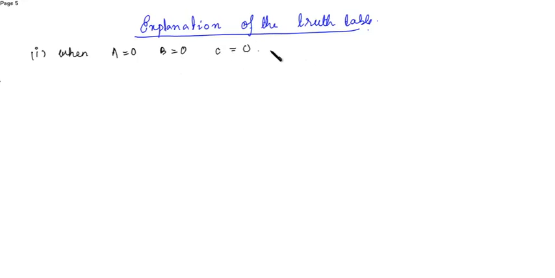When all the three inputs are 0, A input is given at the gate of P1 N1, B at P2 N2, and C at P3 N3.